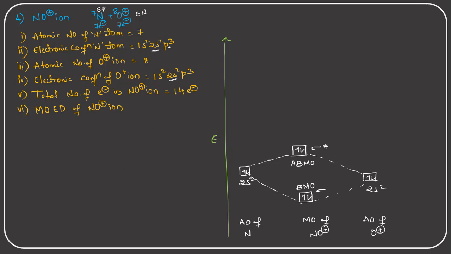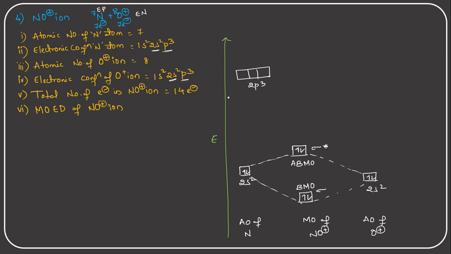And the next one is the 2p3 atomic orbital of nitrogen merging with the 2p3 atomic orbital of the oxygen plus ion, right? The nitrogen atom also has a little higher energy because it is an electropositive atom.